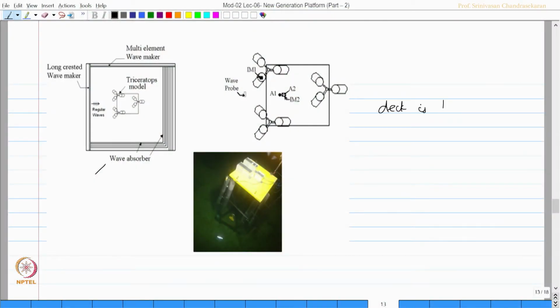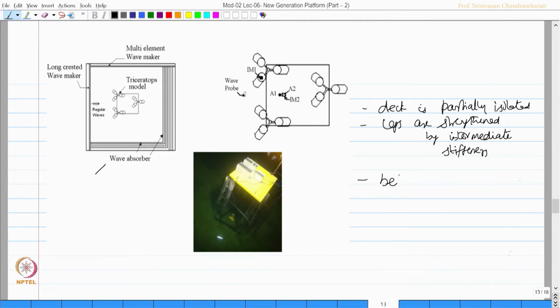So, deck is partially isolated, legs are strengthened by intermediate stiffeners. This showed better response characteristics.